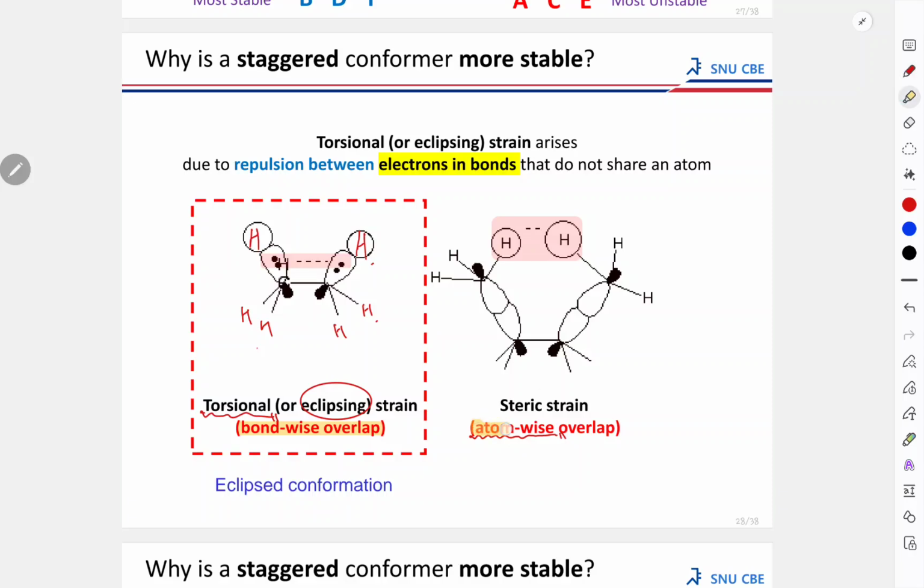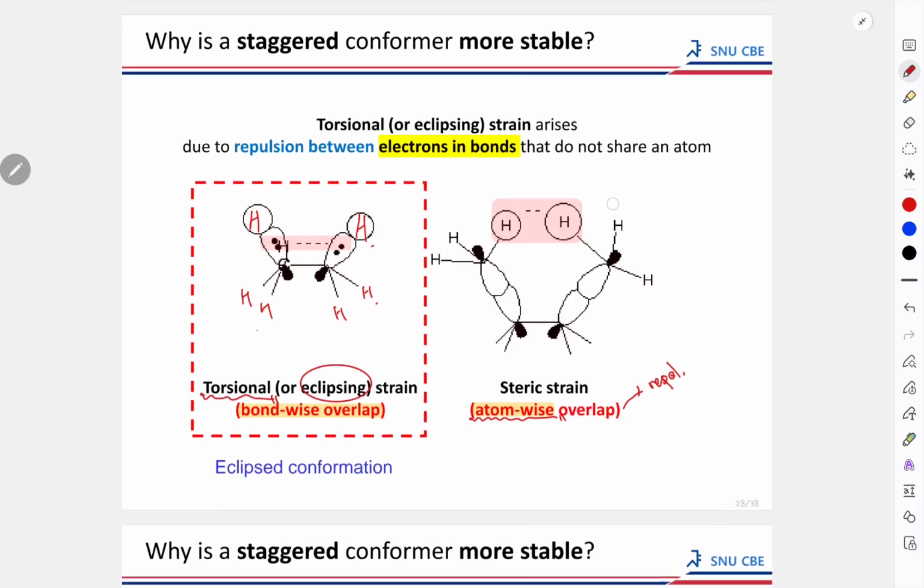The origins might be similar: if electrons are too close, they start to repel. But you can see the difference. This is the bonding electron, they can repel. In this case, the atom-wise repulsion. And this is the case for the eclipse conformer.